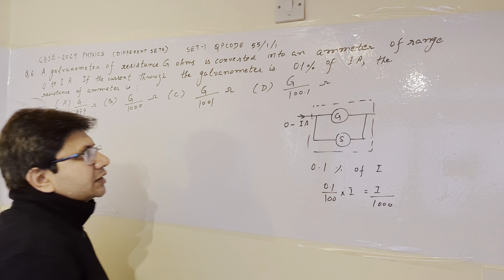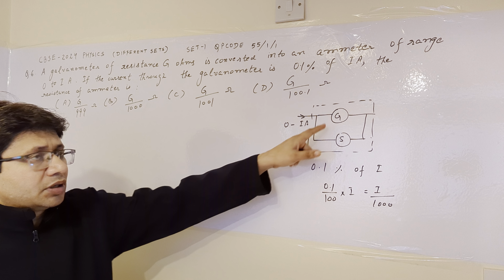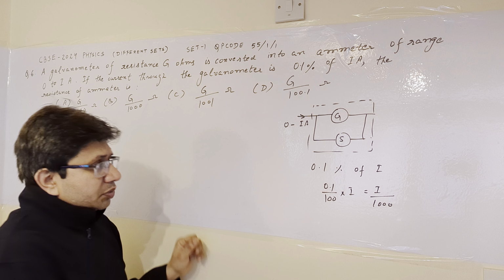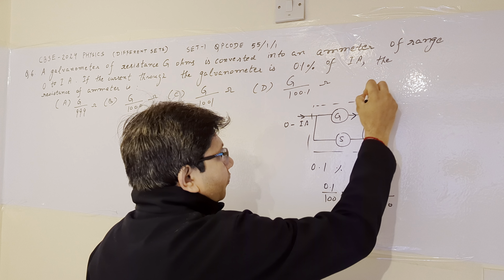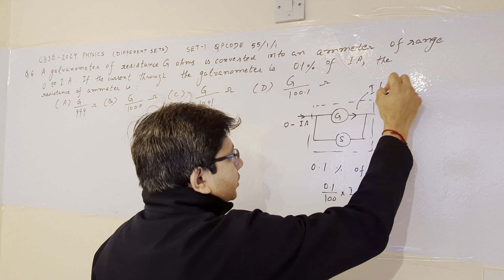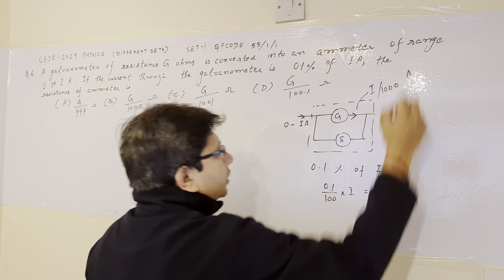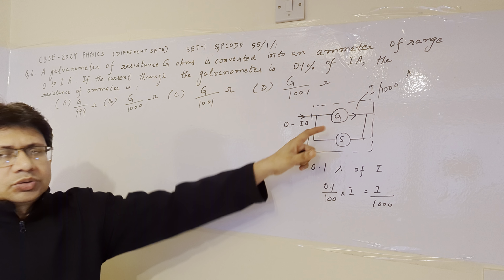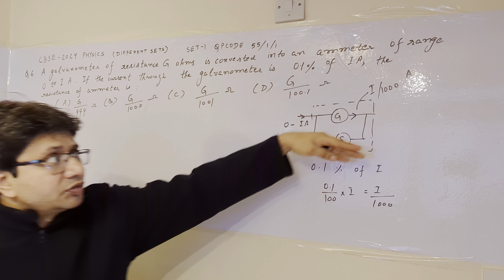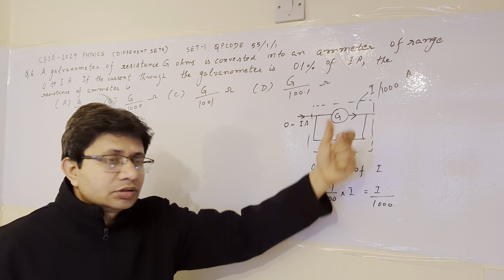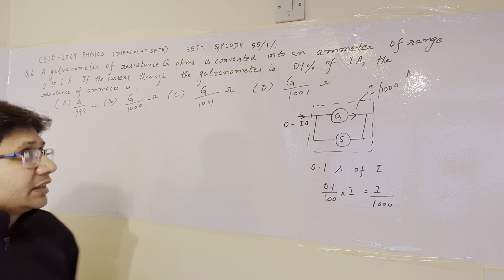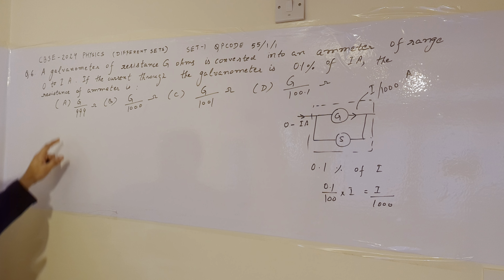So this is the maximum amount of current that can pass through this galvanometer. This current, I upon 1000 amperes, can pass through the galvanometer. If the current goes above this, there will be damage. This data is provided in this problem.